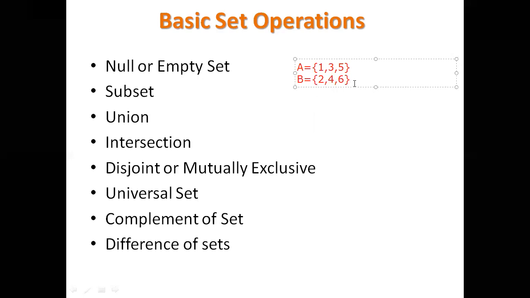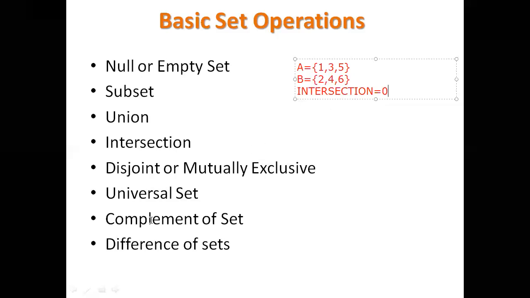Intersection means the common elements in these two sets. We are not getting any common elements, so the intersection is empty, 0. These events are called mutually exclusive events. If any two events do not have any common elements, then those two events are called mutually exclusive events.